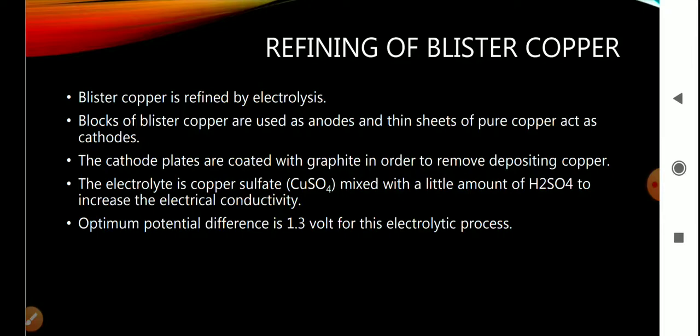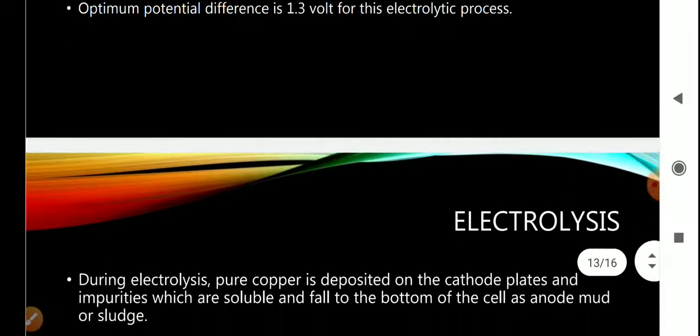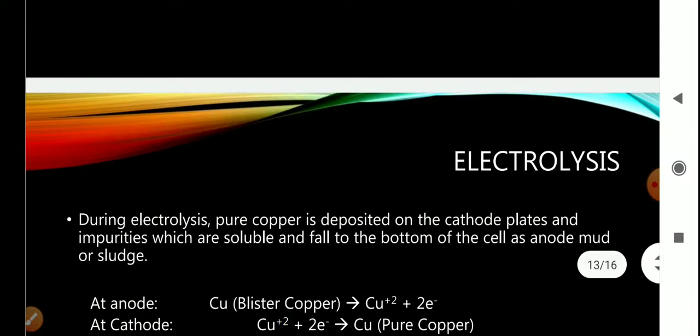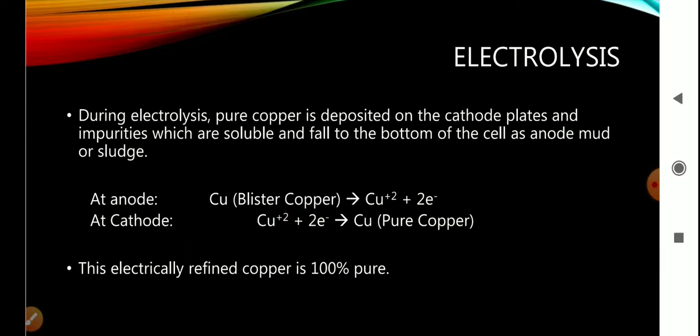Again I am saying, please note it, the thickness of the blister copper anode will decrease and the thickness of the copper in the cathode increases, and ultimately we get 100% pure, ultra pure copper in the cathode.